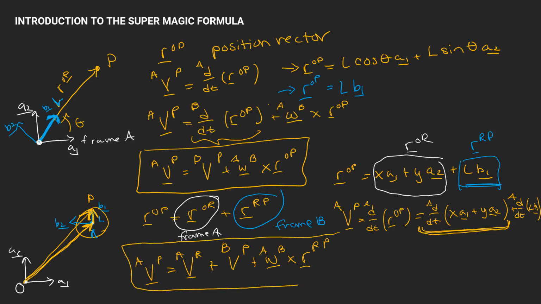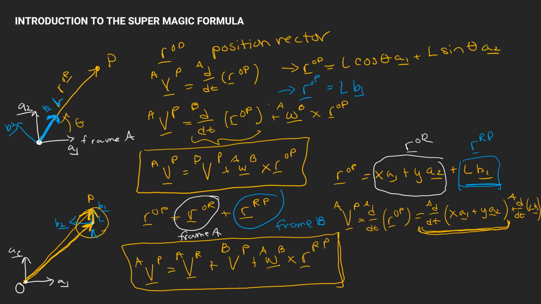So this right here is the general formula for calculating the velocity of a point when you're using multiple reference frames, except for the fact that the origin of your second frame, frame B, is just not at the same point as the origin of frame A.